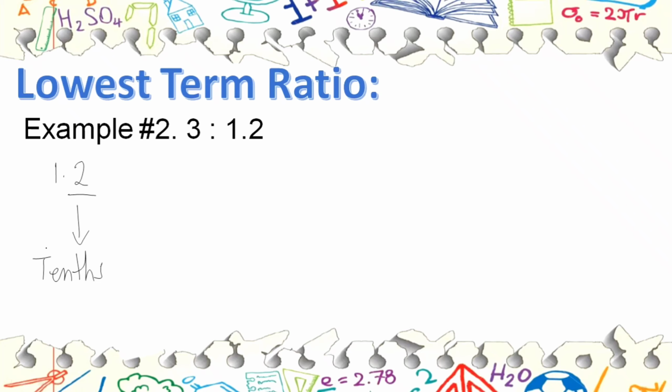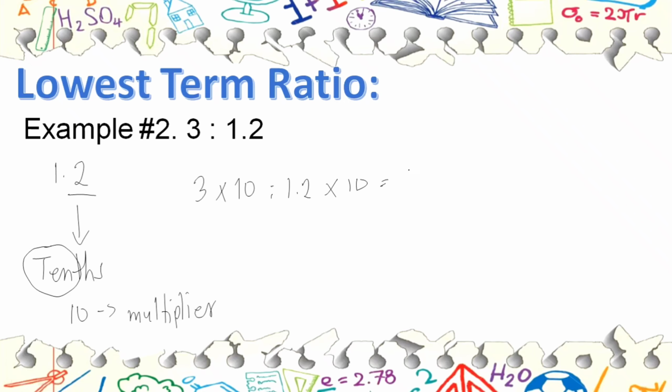So, from the word tenths, makukuha natin yung word na 10. Ibig sabihin, 10 ulit ang ating gagamitin na multiplier. So, yung gagamitin nating multiplier ay nakadepende sa place value o huling place value ng ating decimal number. So, magiging 3 times 10 is to 1.2 times 10 na po iyan.